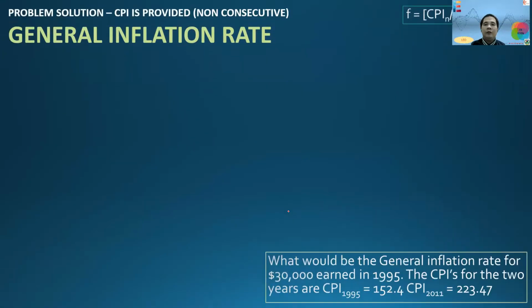Therefore, we can copy the formula: f for inflation is equal to CPI of n over CPI of 0, to the exponent 1 over n, minus 1. That is derived from the future value of a present amount at a certain interest rate.